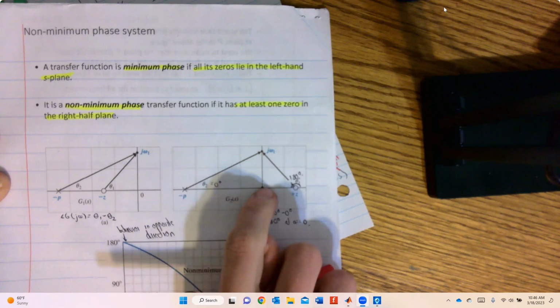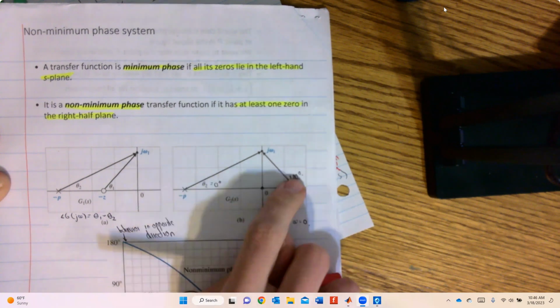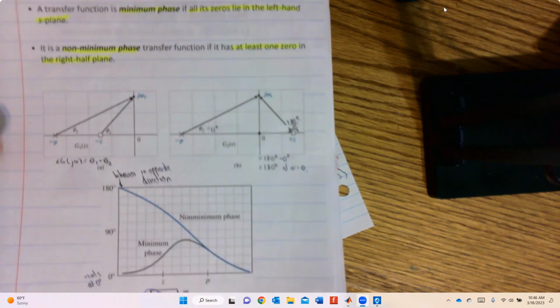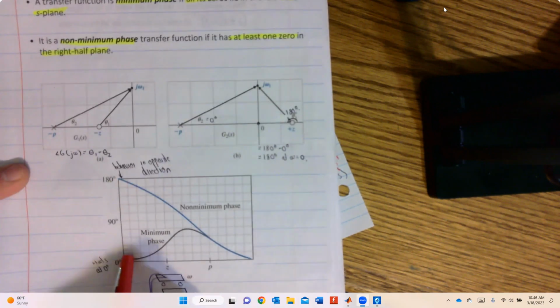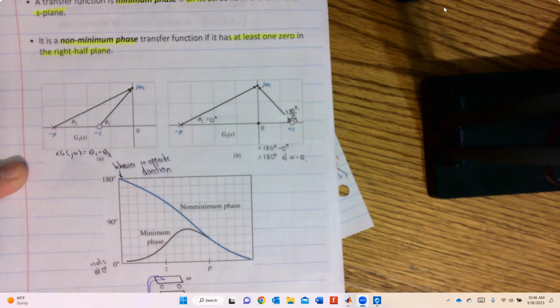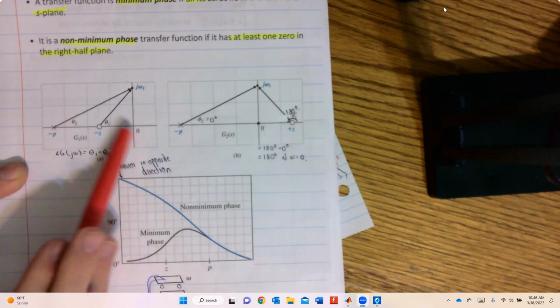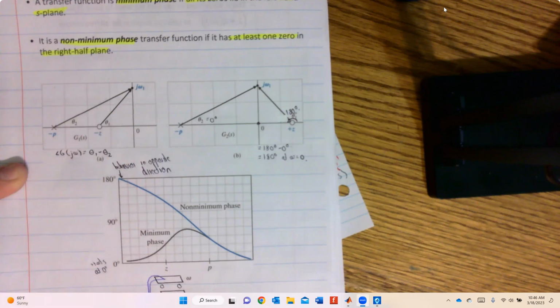So it would be 180 minus 0, because the zero is the numerator. With the minimum phase system, it starts at 0, because you have a zero and a pole, and when we're at 0 frequency, both are at angle 0. And that's important to realize here.